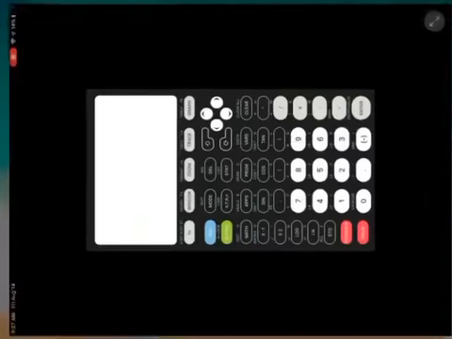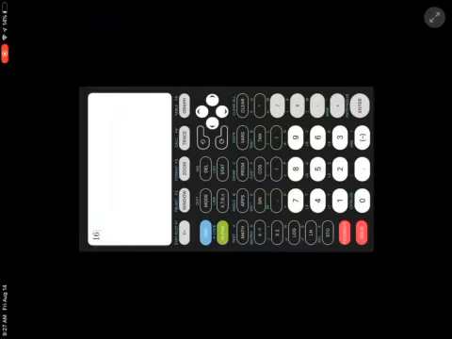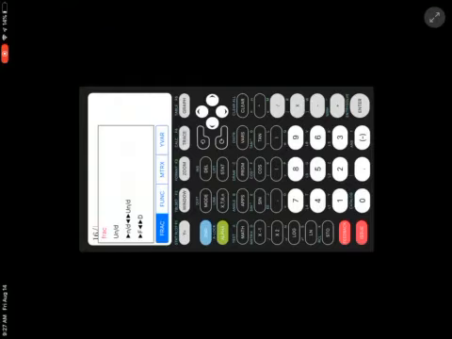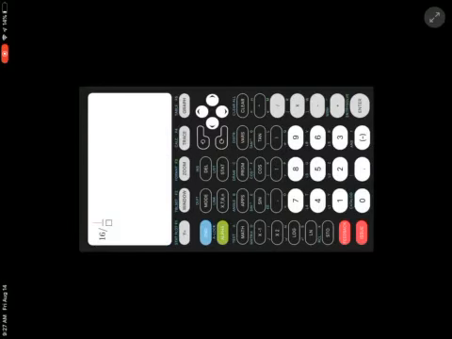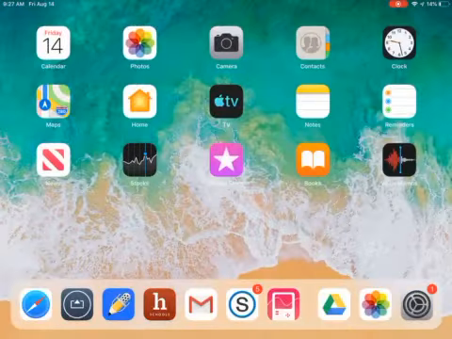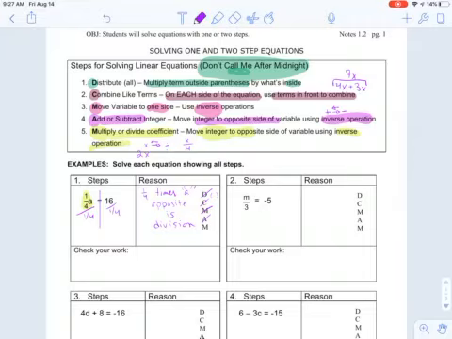And you could do this in your calculator. 16 divided by 1/4 gives us 64. So A is equal to 64.